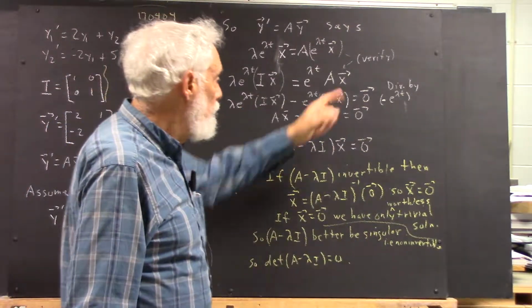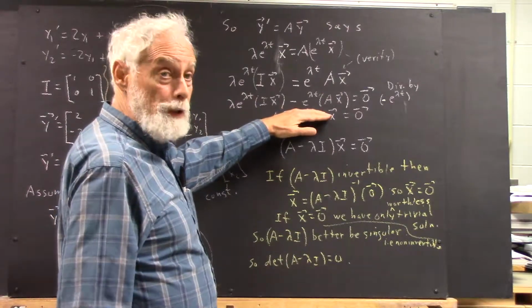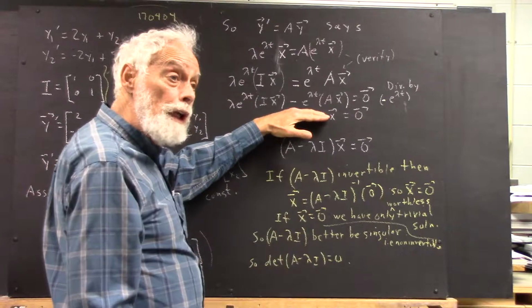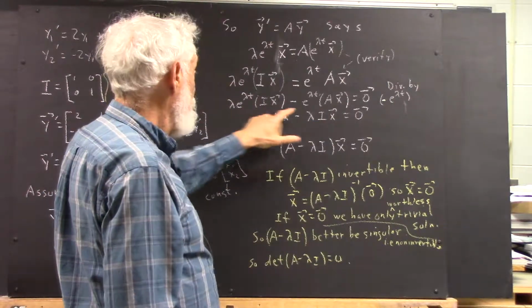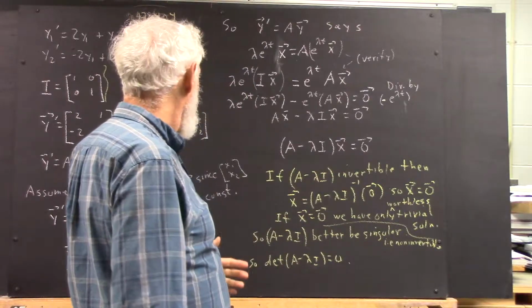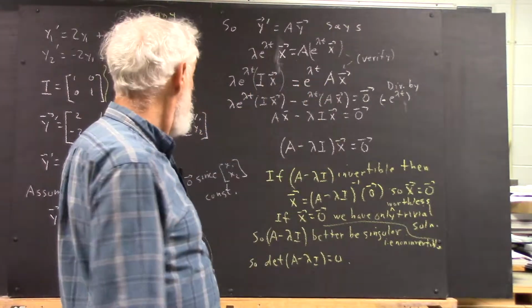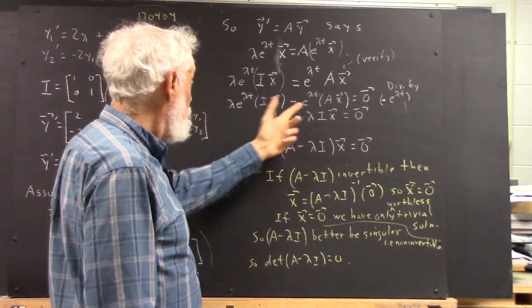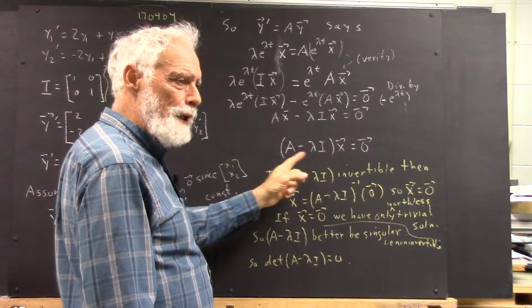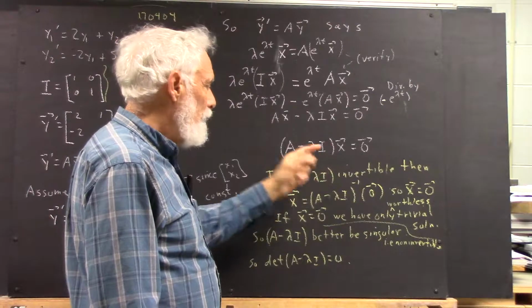Algebraically, it looks right. The algebra just plain old works if you're careful about making this the zero vector. And now if we do this, what do you see? Well, the algebra step that you would take is really obvious. You would want to divide by e to the lambda t because it's common to both terms. And we also want A to have the positive and the lambda I to have the negative.